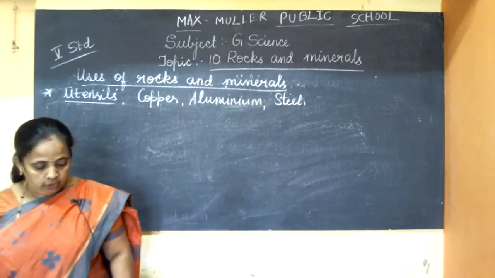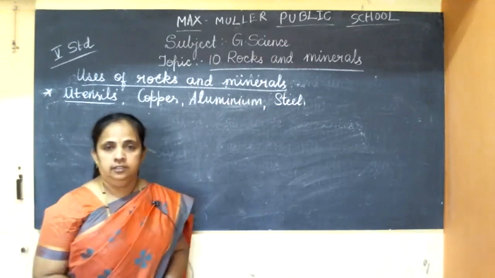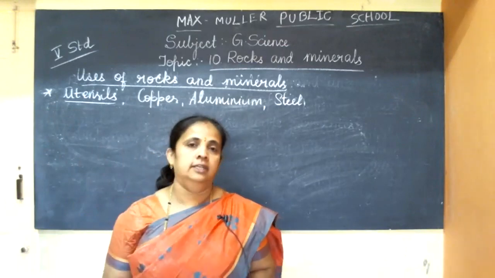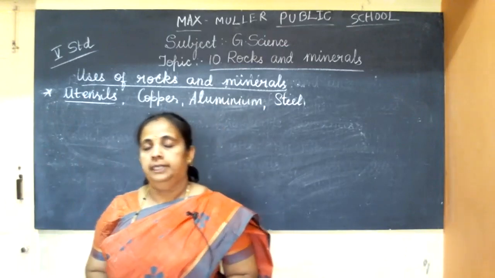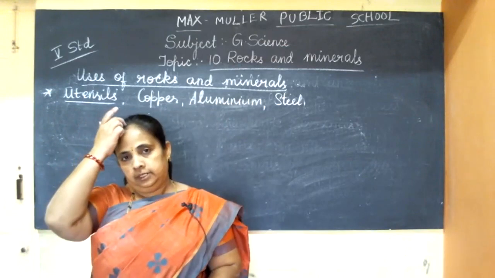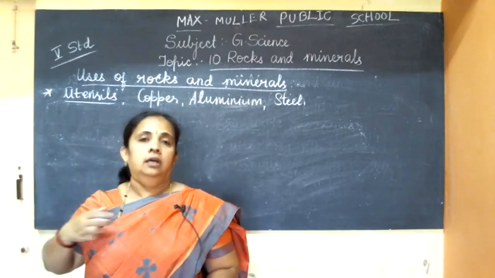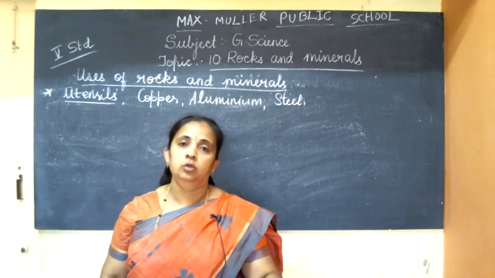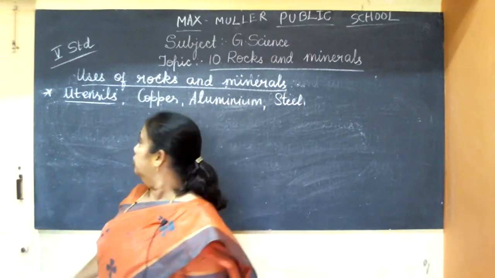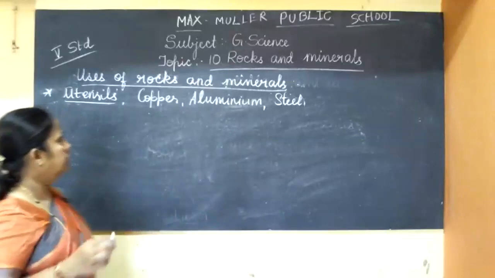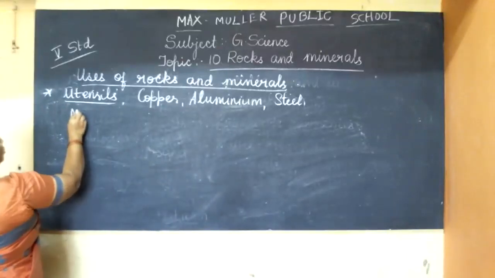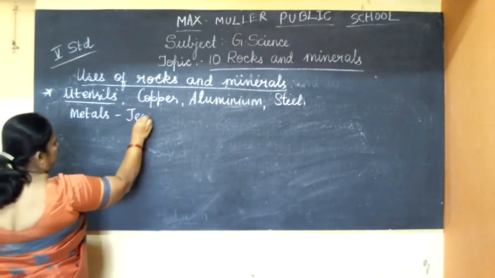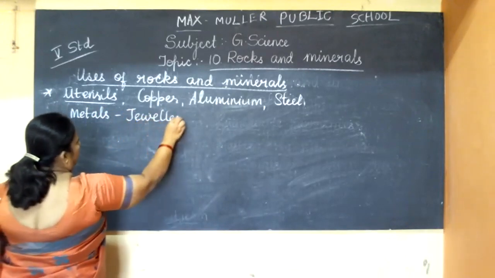Not only these utensils: when I talked about metals, I said there are metallic minerals and non-metallic minerals, is it not? Gold, silver and diamond can be used as jewelry. So these metals can be used in making jewelry and ornaments.